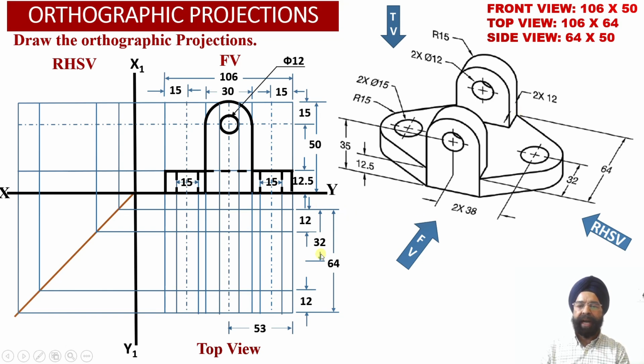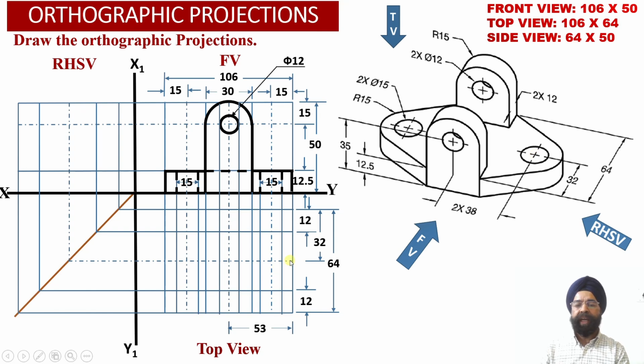So now we have marked a distance of 32 millimeter from the rear face of the solid, so that the center line corresponding to this hole and this hole, one hole on the left hand side and one hole on the right hand side of the horizontal web, is available over here.